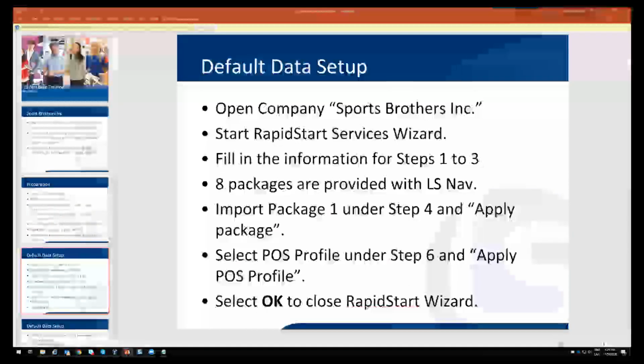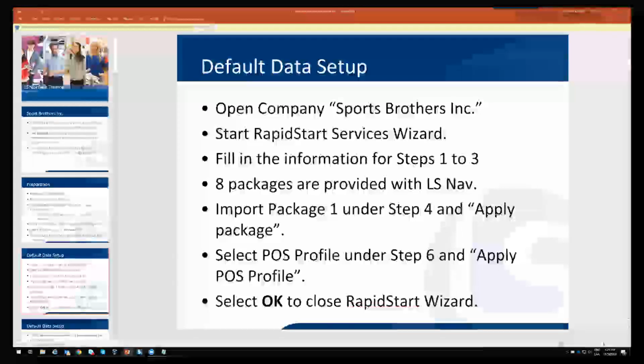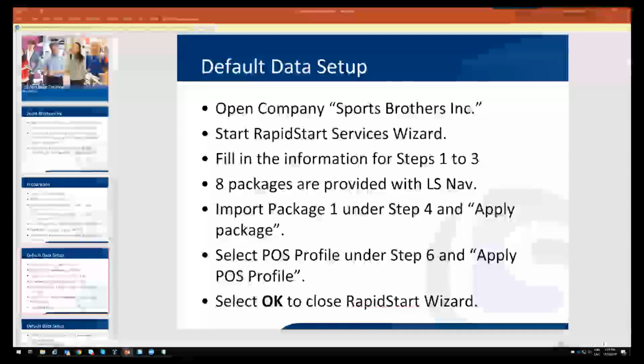As I mentioned, this rapid start wizard, as you might see here, says that you have to open this new company and then start the rapid start services wizard, and then fill in the information for steps 1 to 3. And we have these 8 packages. Basically what it's saying is that you have to use this one.